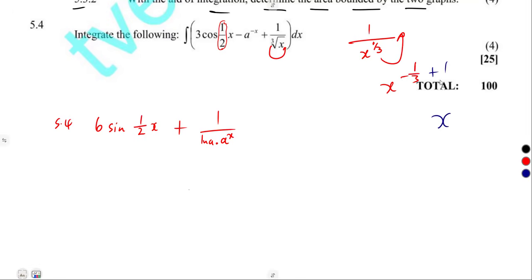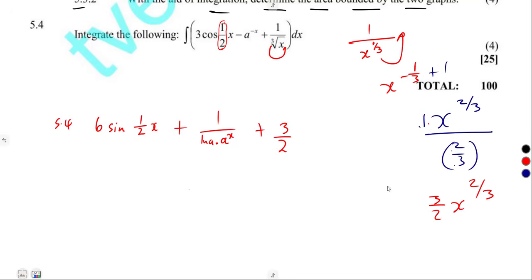So it's going to be x to the exponent of 2 over 3 divided by the new exponent, 2 over 3. So 1 divided by 2 over 3 is 3 over 2. X to the exponent of 2 over 3. So that's 3 over 2 of this, or simply the cube root of x squared, like this.